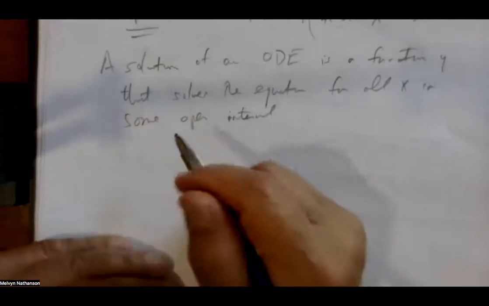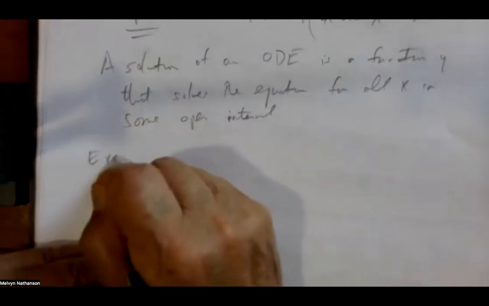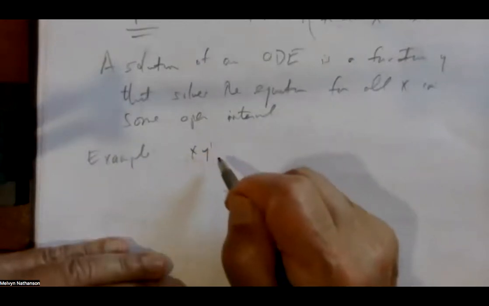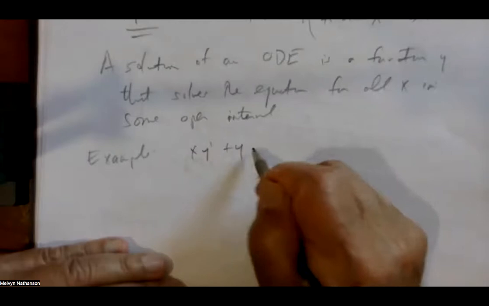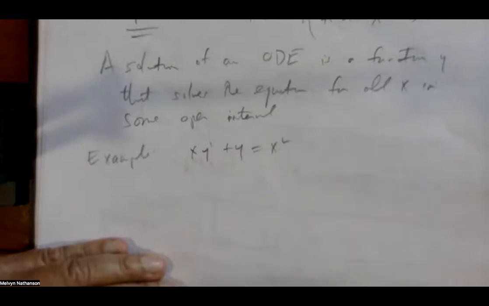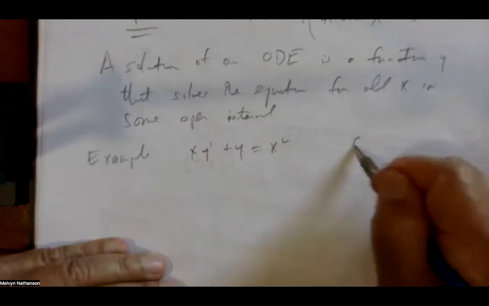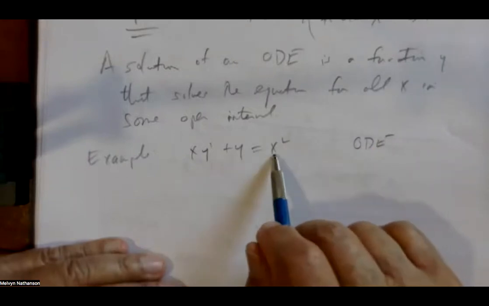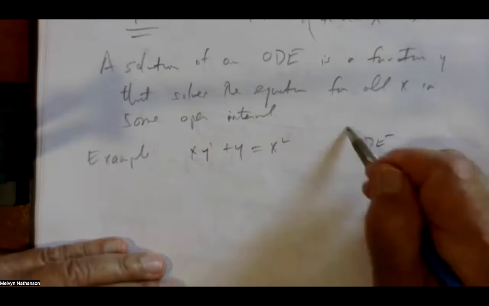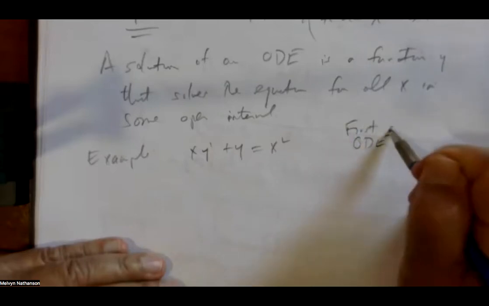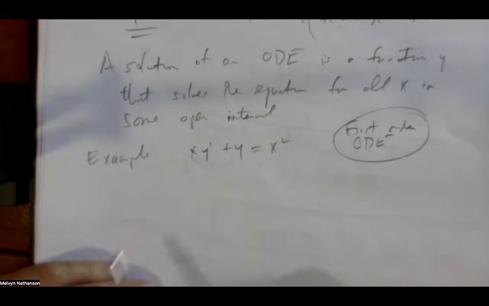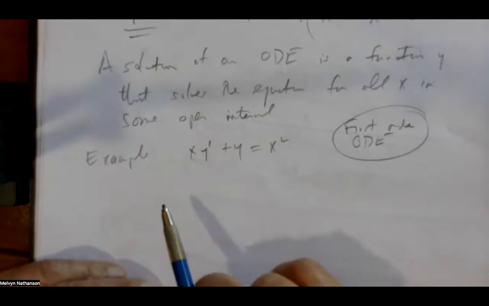So let's give an example. Here's a differential equation: x y prime plus y equals x squared. So this is an ordinary differential equation. It involves a function of just one variable x. It's first order, because the highest derivative is the first derivative.